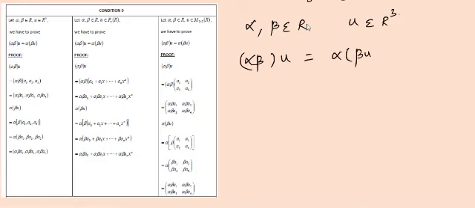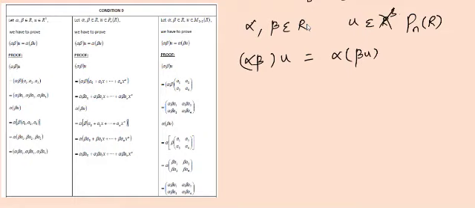So the condition 9 is, I need two scalars. Again, I need one vector. I am taking from R3. What I have to prove is (alpha beta) into U equals alpha into (beta U). See, here I am taking from Pn(R) for difference. We are taking in all the conditions R3 and M2x2(R).